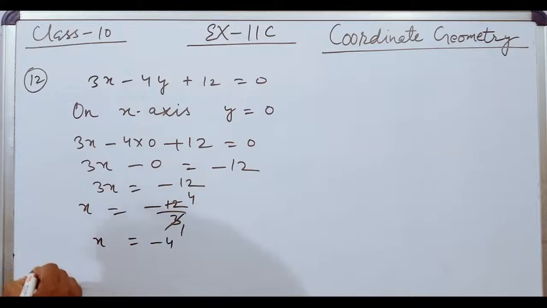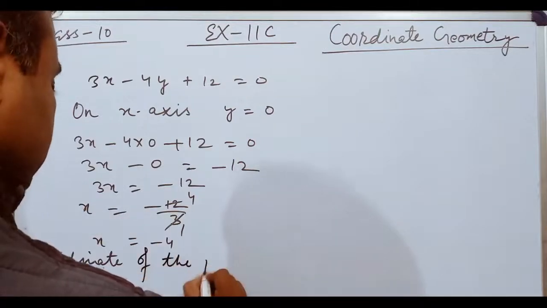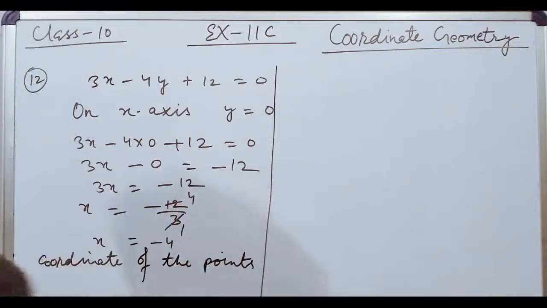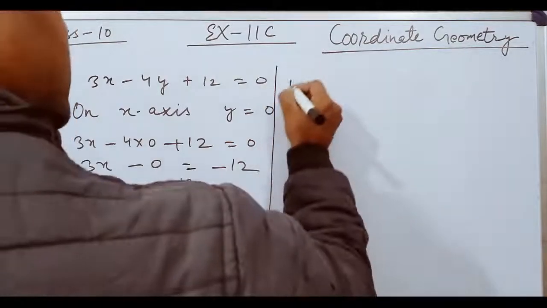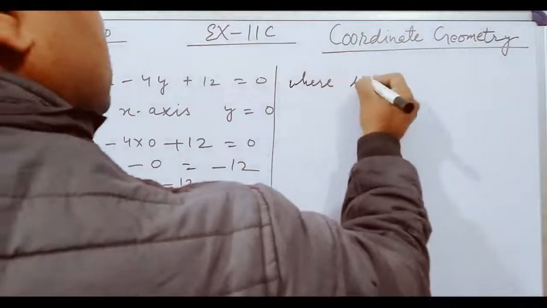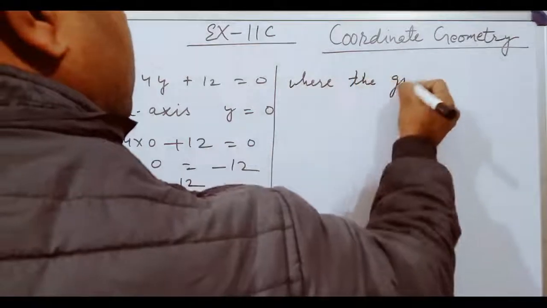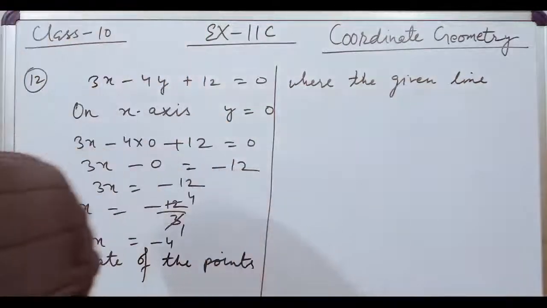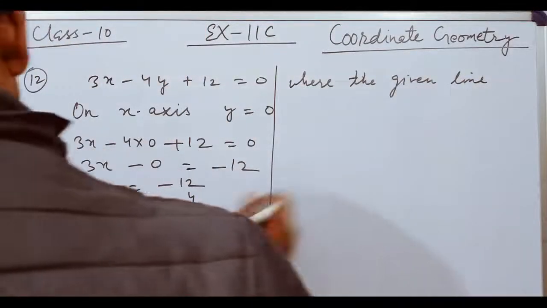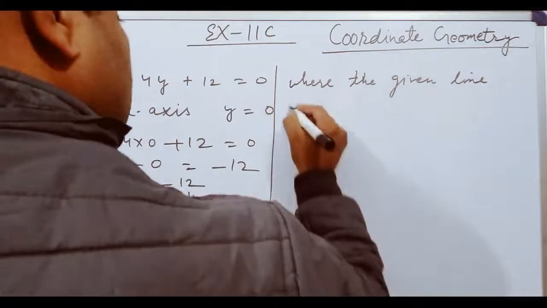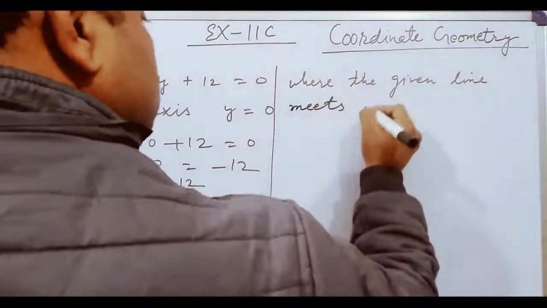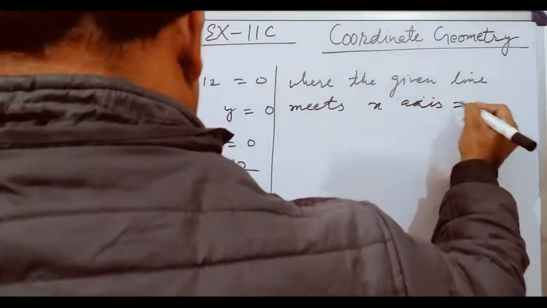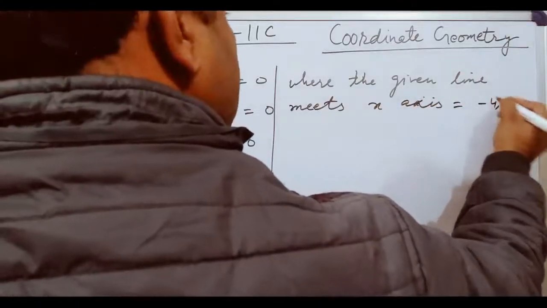So the point where the given line meets the x-axis is (-4, 0).